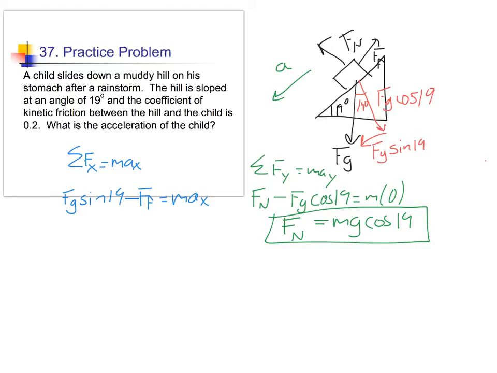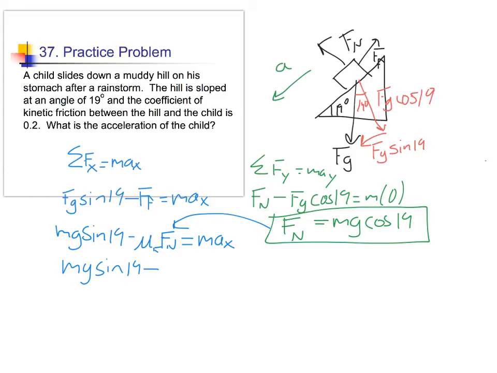When I go over to my x side, I'm going to sub in for force of gravity there as well. And my friction force I know is going to be mu k times Fn. That's going to be equal to m times ax. And I can substitute in that normal force I just found, so I get mg sine of 19 minus mu, which I actually know, but I'll leave it as mu for now, times mg cosine of 19 equals max.